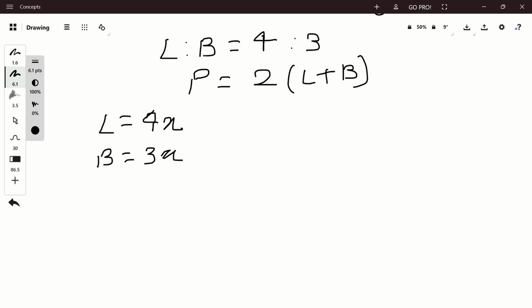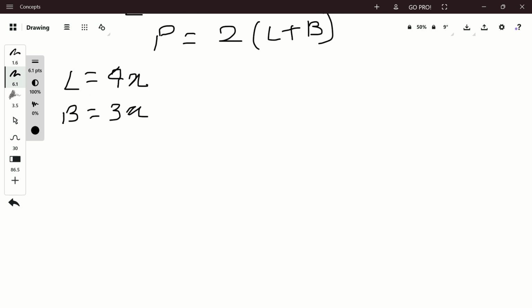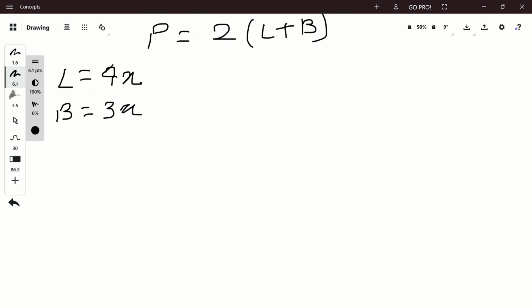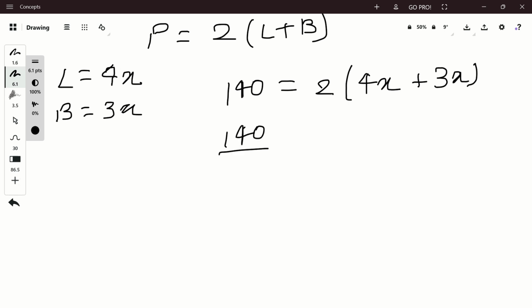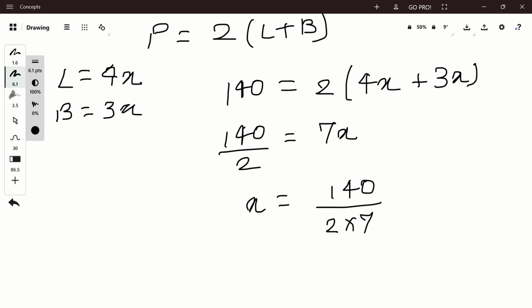Substituting the value of L and B into the perimeter equation, we have 140 is equal to 2 times 4x plus 3x, that is 140 upon 2 is equal to 7x. Solving for x, we have x is equal to 140 upon 2 into 7, which is equal to 10 centimeter.